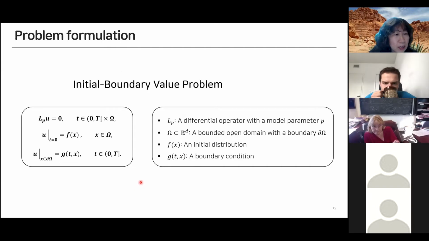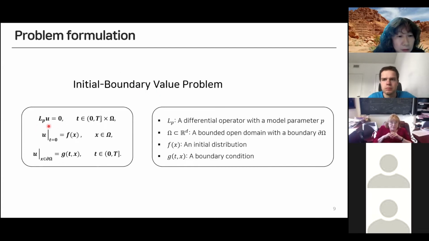Now I'll do the problem formulation first. We are given an initial boundary value problem like this. The first equation is the governing equation, where the variables are time t and space x.